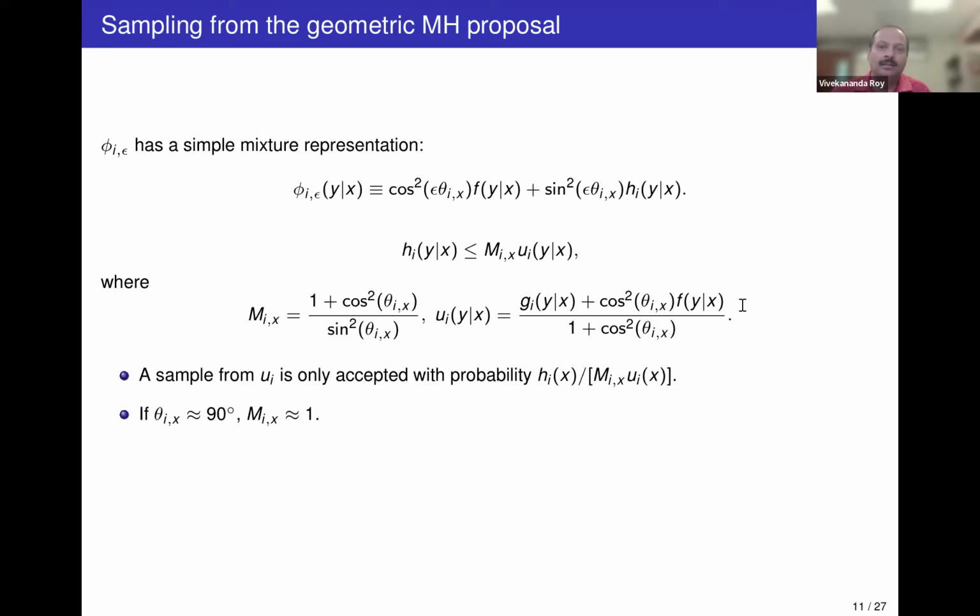And you can see when theta is close to 90 degrees, remember theta is between 0 and 90 degrees, this M is 1. So I have a very high acceptance rate. On the other hand, when theta is small, M can be large, but you see, when theta is small, the mixing coefficient of H in phi is small. So generally, I'm not even going to be required to sample from H.